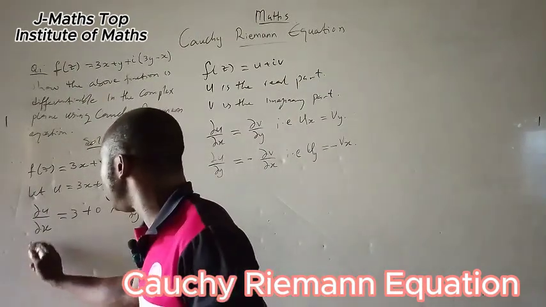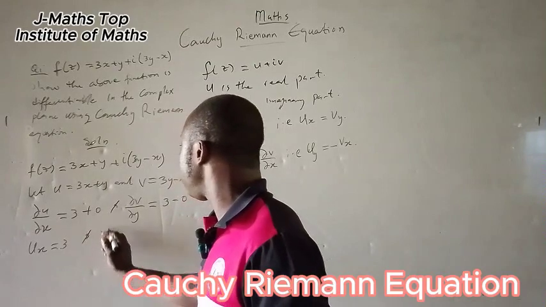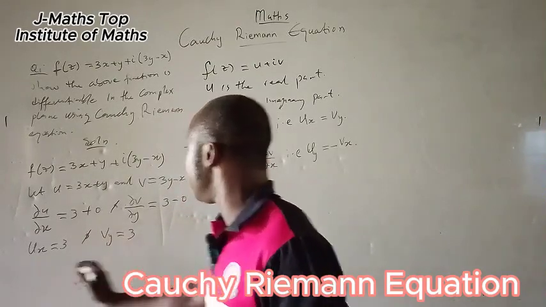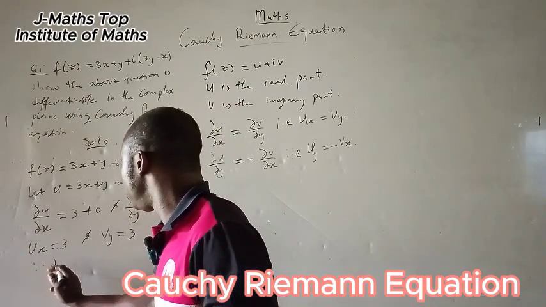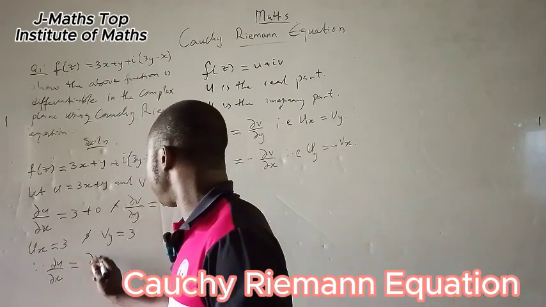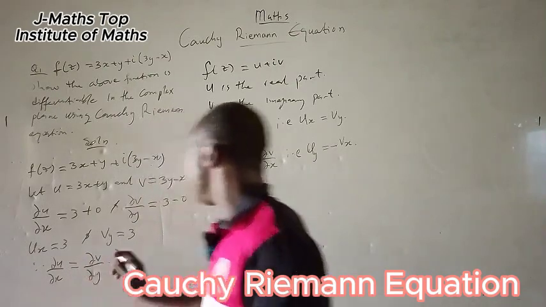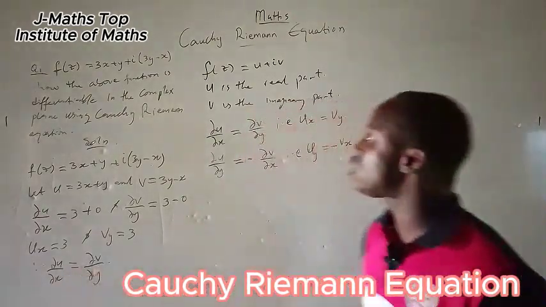So u sub x is equal to 3 and v sub y is equal to 3. Therefore the first equation holds, so du dx is equal to dv dy.